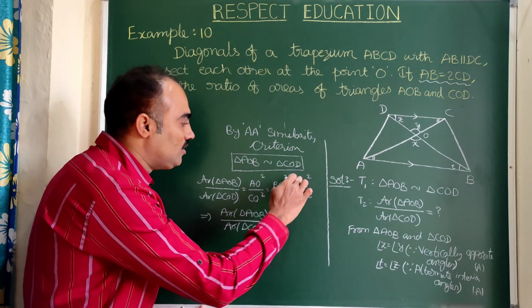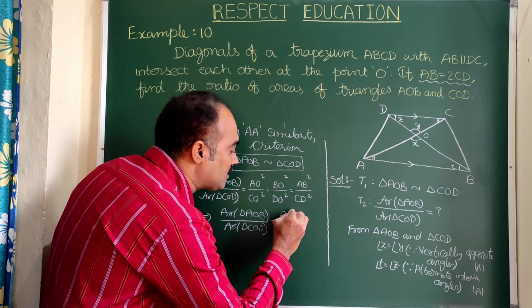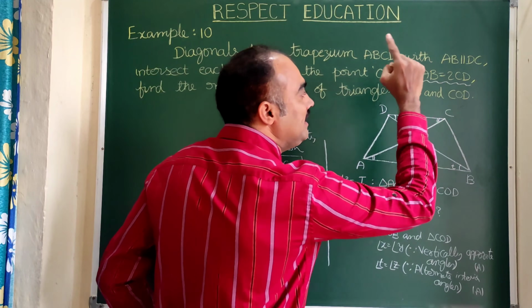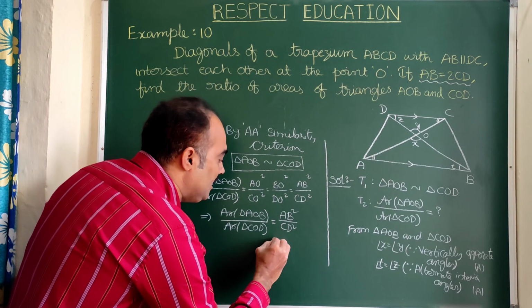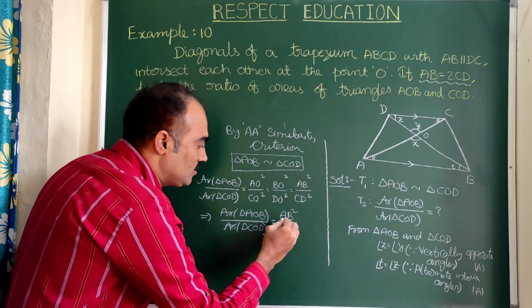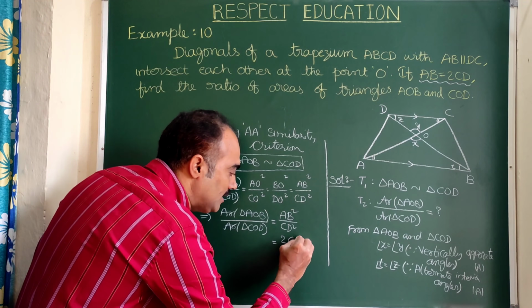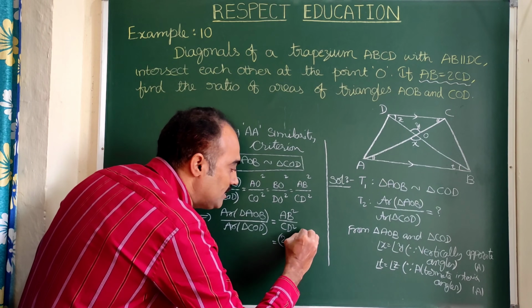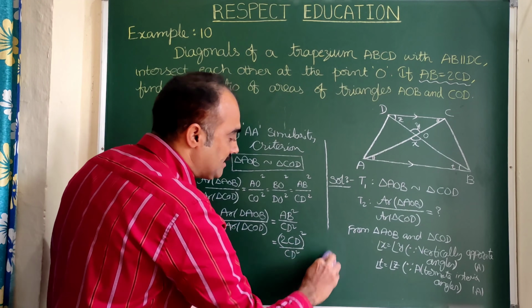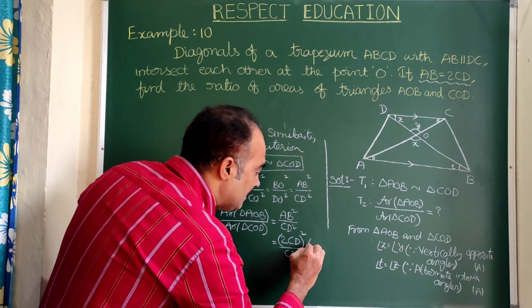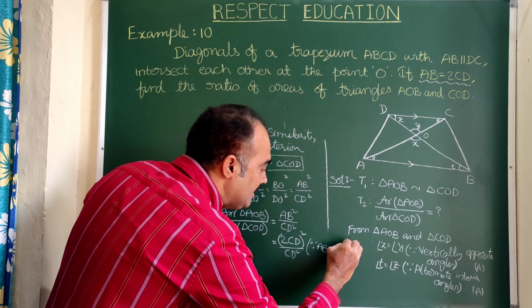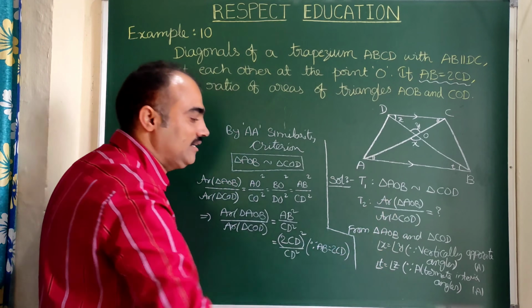Here we can take AB square by CD square, because the relation between AB and CD is given. So in place of AB, I am writing 2CD, and as it is square, 2CD whole square by CD square. Here you can write the reason: since AB is equal to 2CD, this is given in the question.